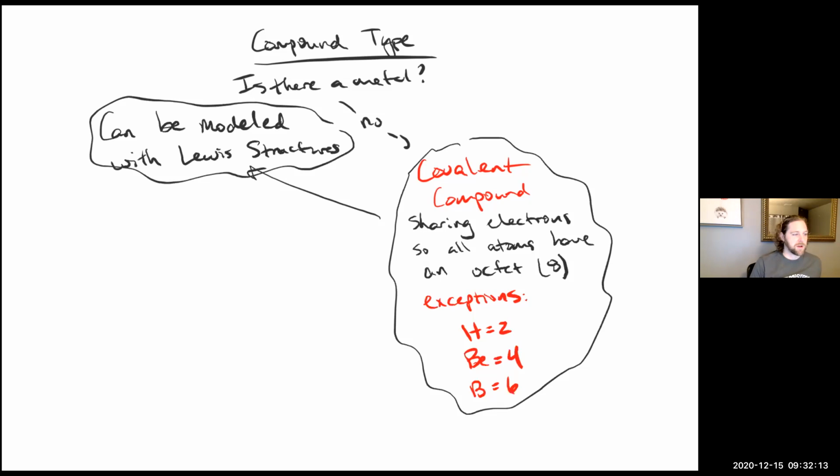Covalent compounds can be modeled with Lewis structures, and we'll get into the criteria today. That's going to be the bulk of today's, looking at some more Lewis structures and some possibilities with that. But as far as naming goes, we're only going to be dealing with binaries.